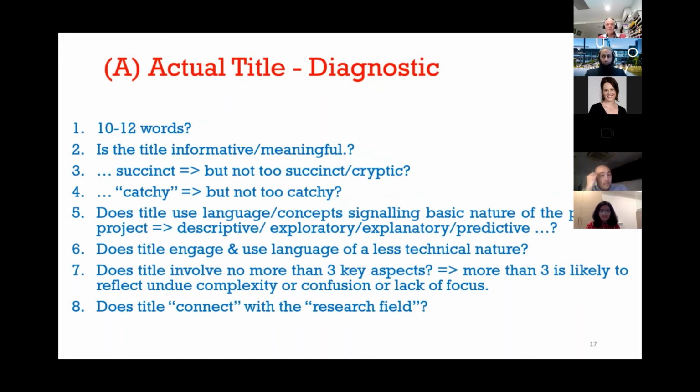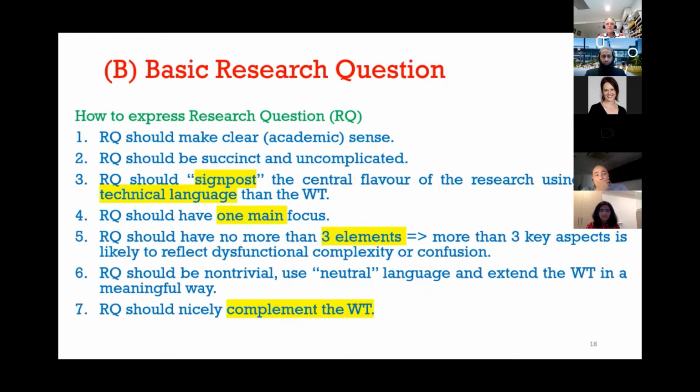So as I said earlier, the diagnostic angle is downplayed for today's session. Basic research question. So how to express a research question. Make it as clear as possible, and make it academic and relevant without being overly academic or obscure.